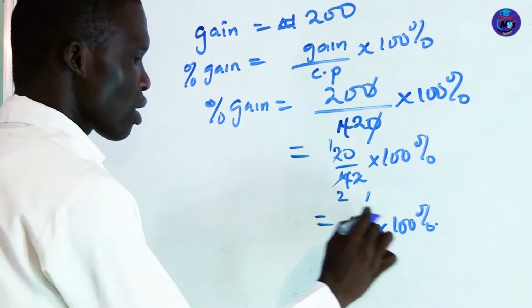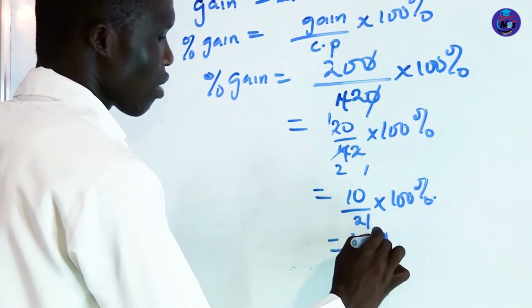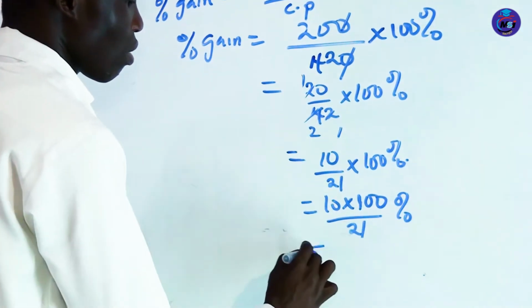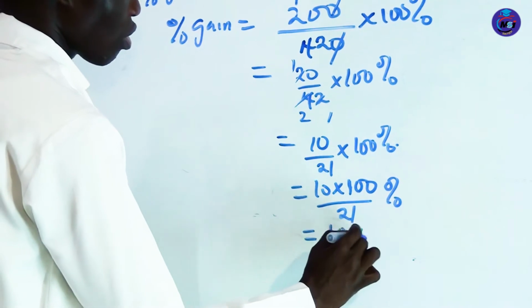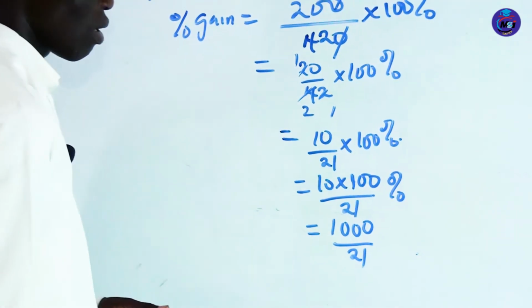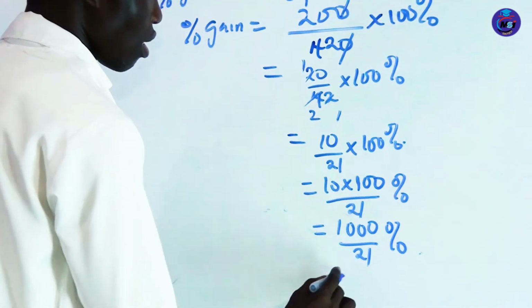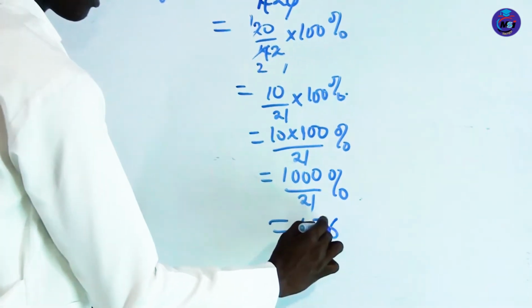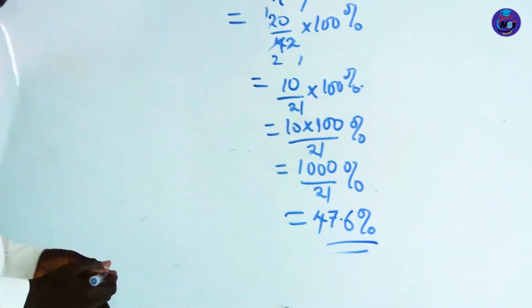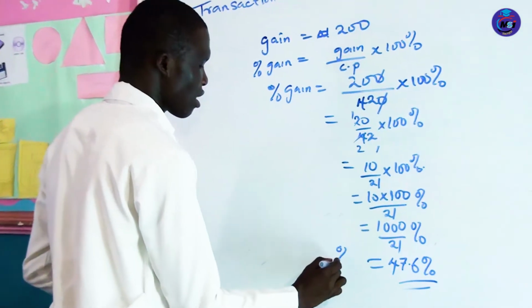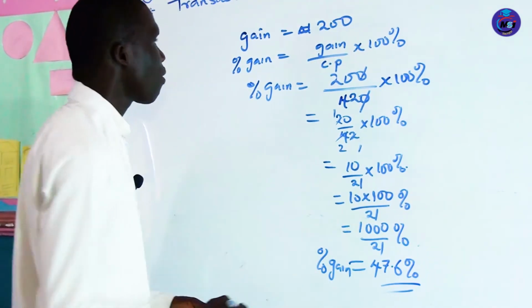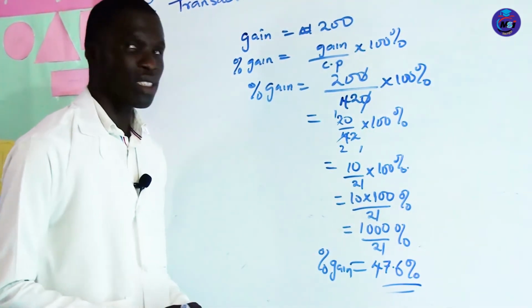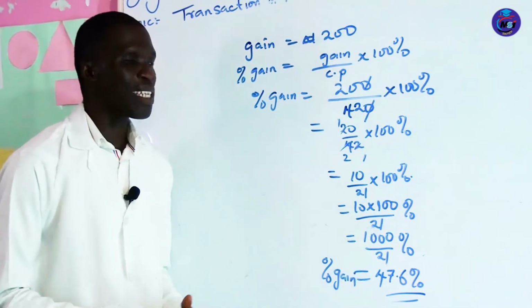Okay, this can give us 10 times 100 all over 21%, which will give us 1,000 all over 21. Okay, if you divide this, we are going to get 47.6%. So that means the percentage gain of this particular person is 47.6%.